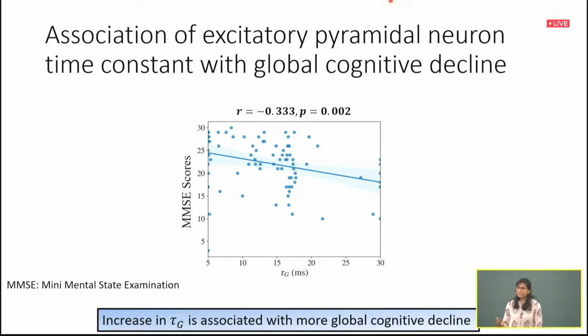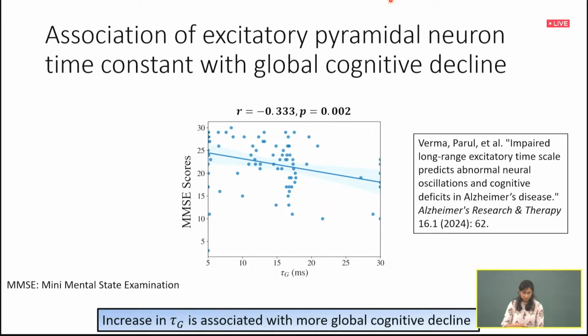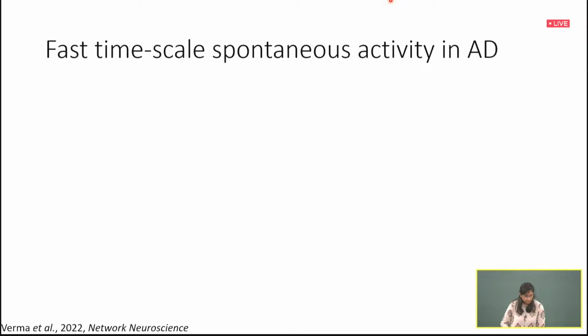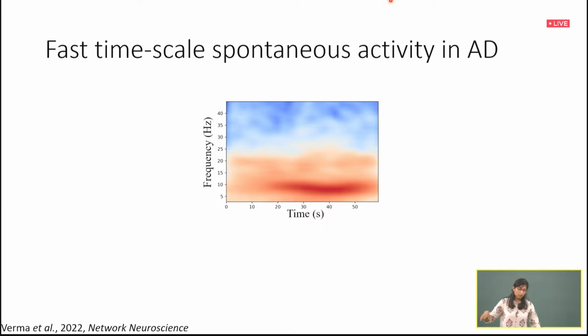So is there anything else we can do with the same data? By the way, this paper is published if you want to look at it. We can also look at some much faster time scale spontaneous activity. The idea here is that you have the time series from MEG. Now instead of taking all the time series and taking a Fourier transform of that, do a time-frequency decomposition. Then what you get from here is the dynamics of how the power spectral density changes across time.